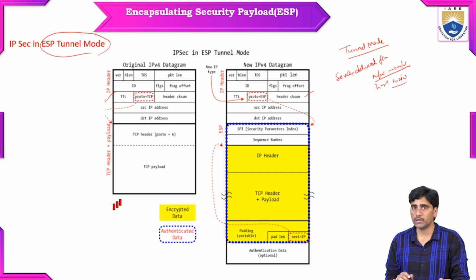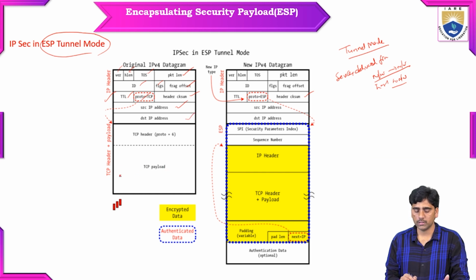The IPv4 datagram contains the version of the IP, header length, type of service, packet length, ID of the packet, flag offset, along with time to live and protocol, header checksum, and source IP address and destination IP address.